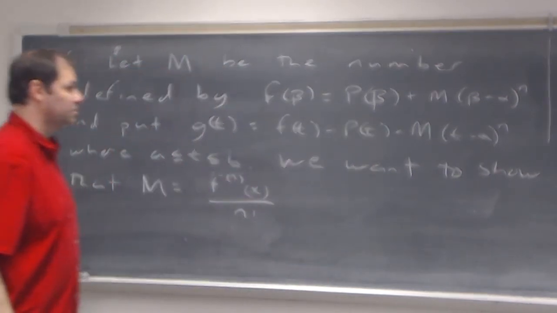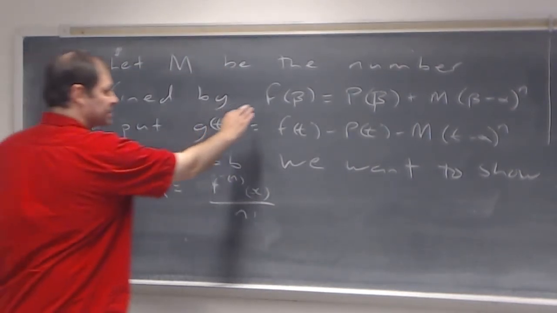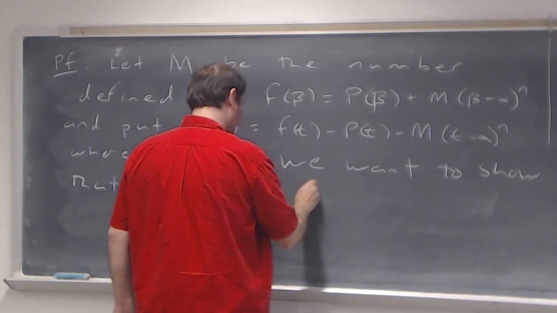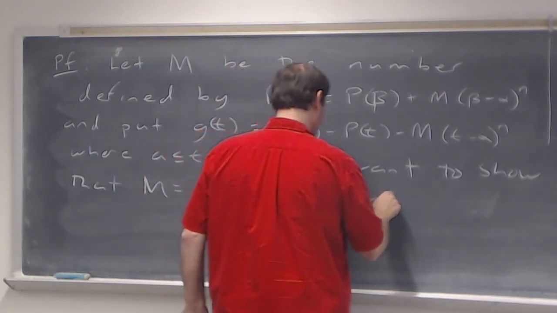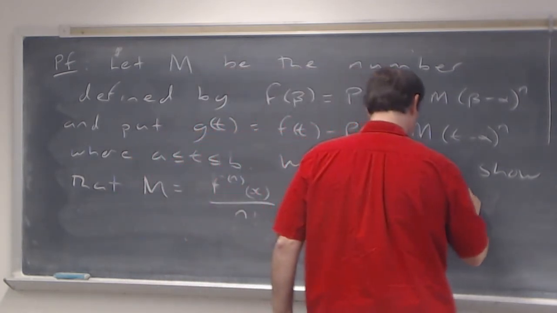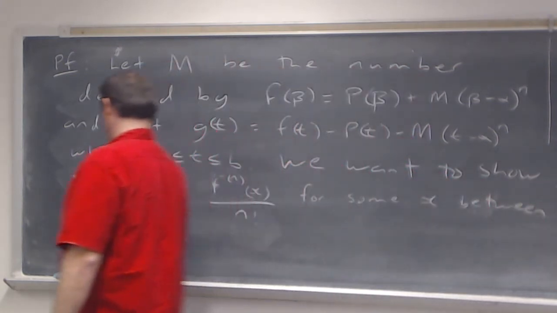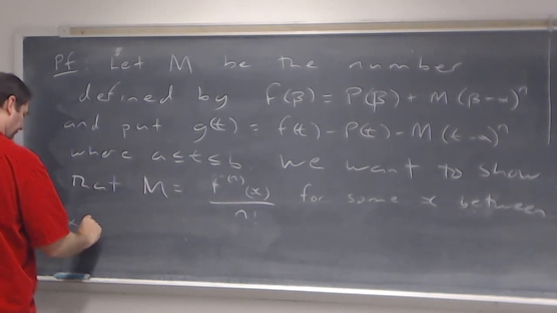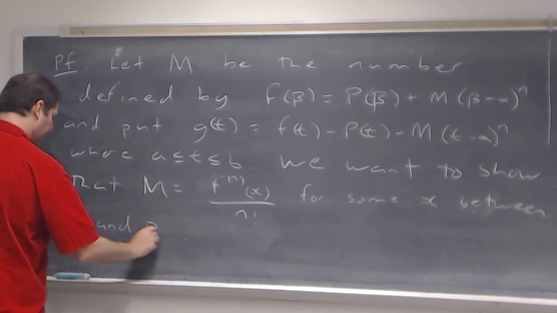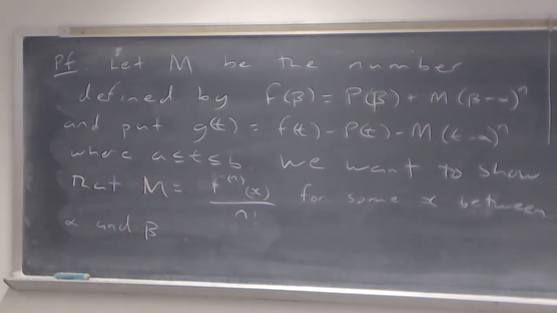That's what we want to show, and that way this fits the conclusion. And that's for some x between alpha and beta, where you remember by the hypothesis, alpha and beta are two numbers in the closed interval a to b.